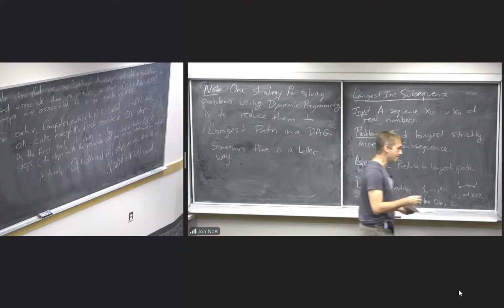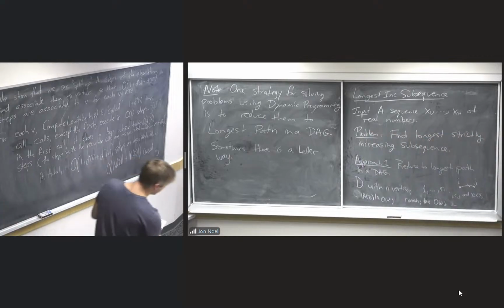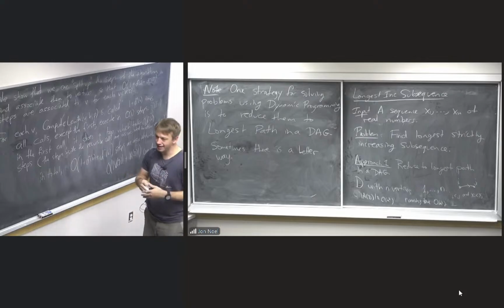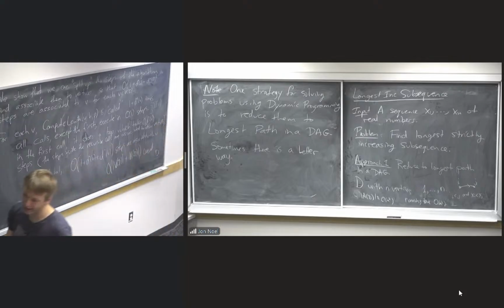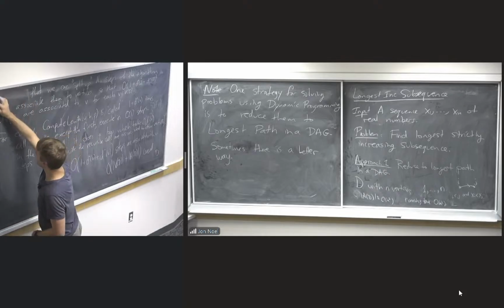Here's a better way, which also uses dynamic programming, but not just breaking it down to this. By the way, I never said that this digraph is definitely going to be acyclic. You can't have a cycle because, as you go along the cycle, the indices are going up and the values are going up, so you couldn't close the cycle. Okay, so here's another way.